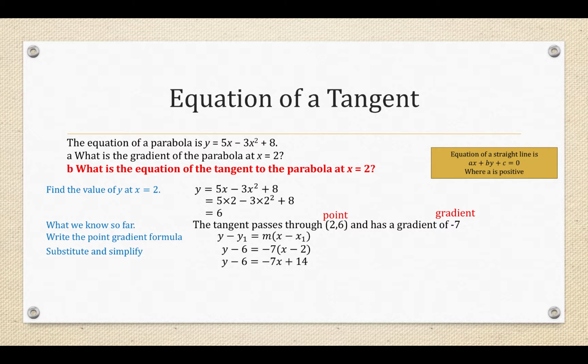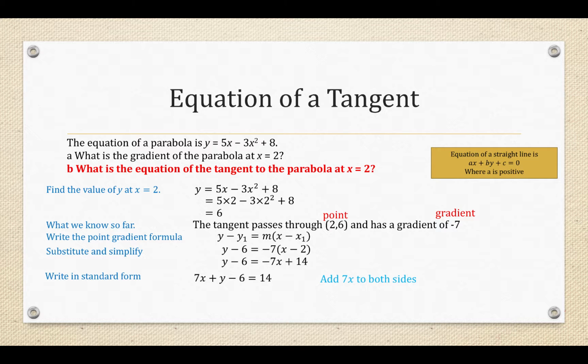What we now need to do is change this into standard form. So we want to have a positive coefficient of x. In order to do that, I'm going to add 7x to both sides. This will give me 7x plus y take away 6 equals 14.